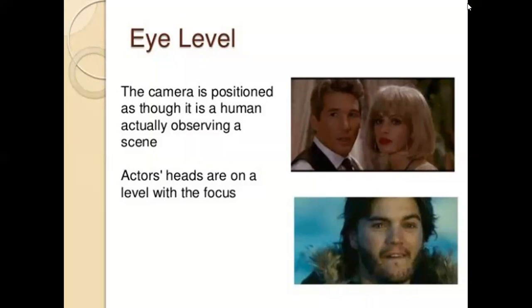Eye level shot simulates standard human vision and thus presents the visual information through a familiar viewpoint.